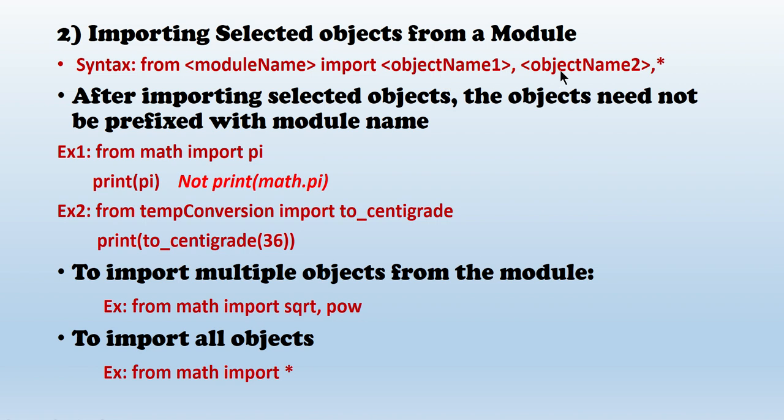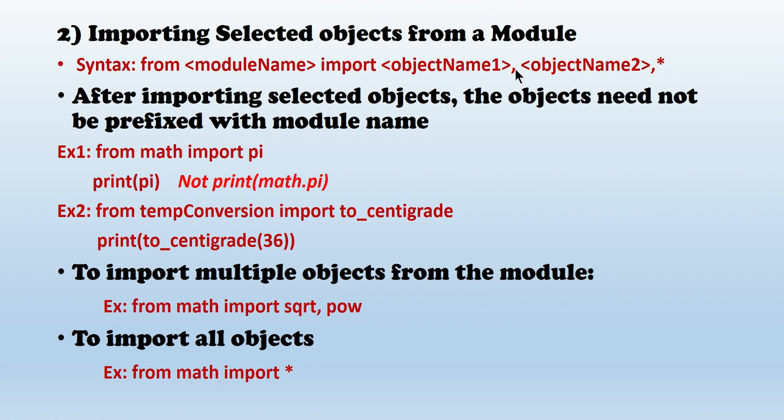You can specify a list of functions or objects, which can be functions, constants or variables, whatever is available in that particular module. Only the objects you want to import, you specify.